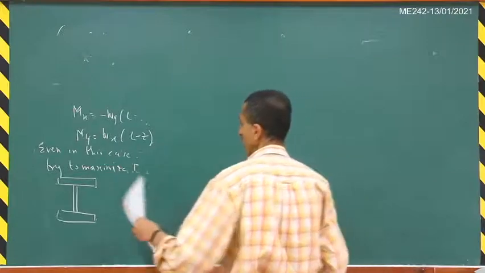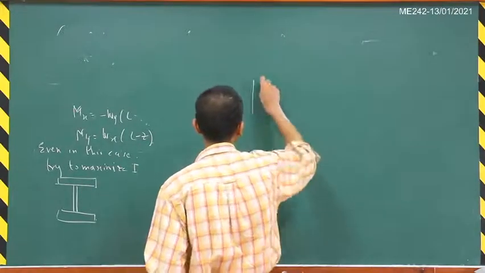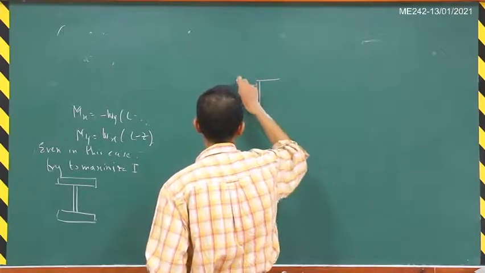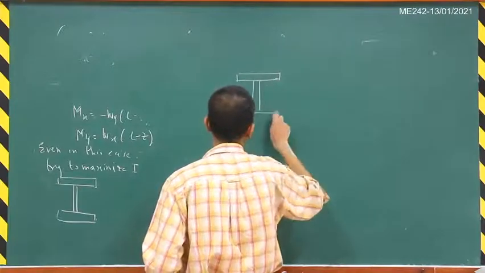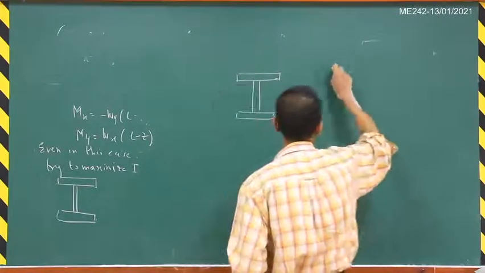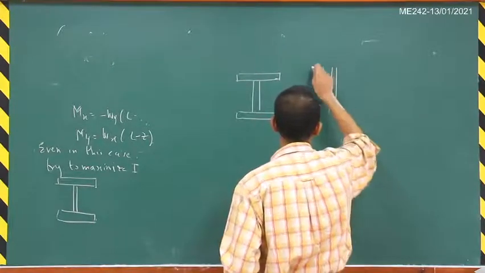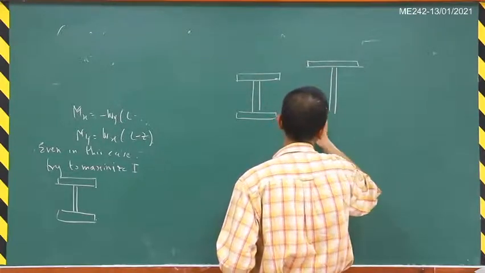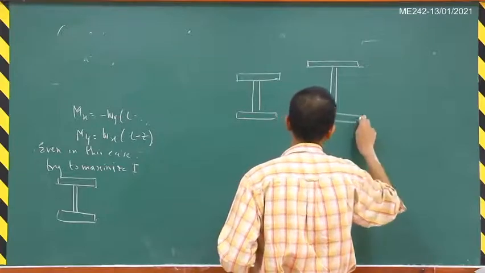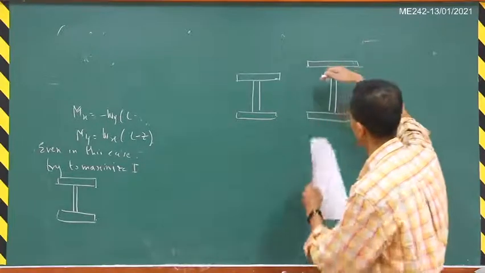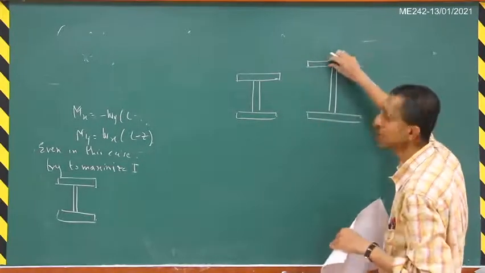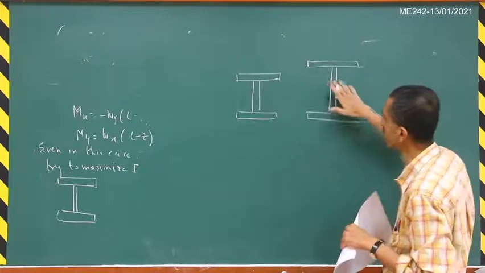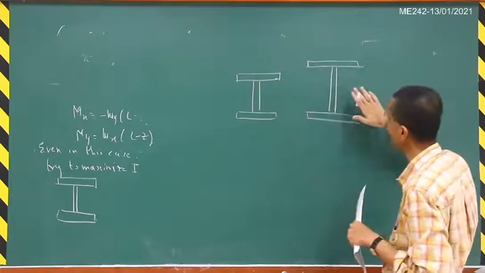If I keep on distributing the material like this, next time I can take it even farther away, and then I will have an even thinner section like this. I can keep on doing this indefinitely, and this will become thinner and thinner because you are trying to maintain the same area of cross section.